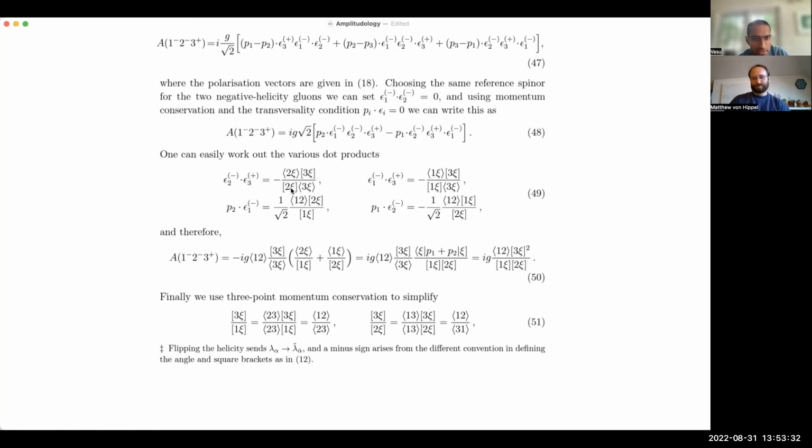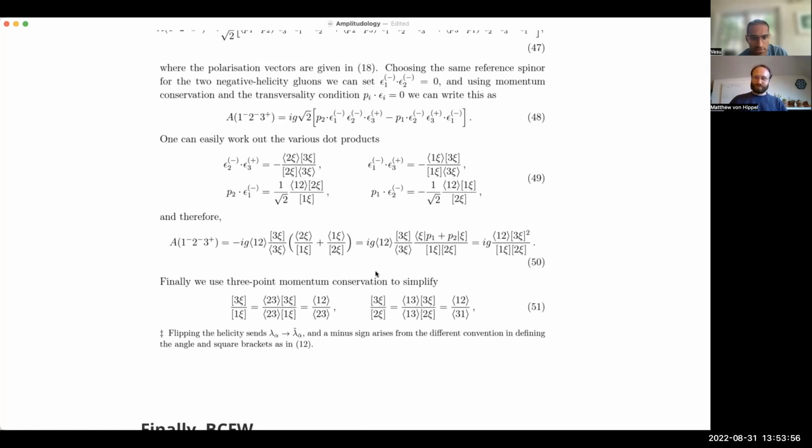So we already start to see that by dotting with P, we get the angle bracket 1, 2 here. The remainder is to account for these angle-square ratios, and you use momentum conservation to simplify them. So what we then do is convert these ratios.